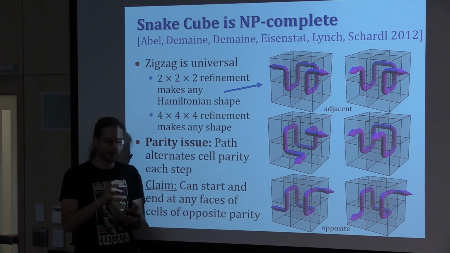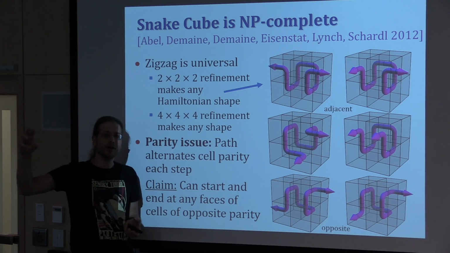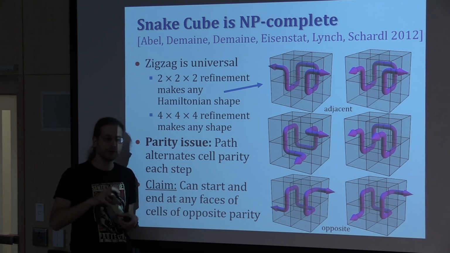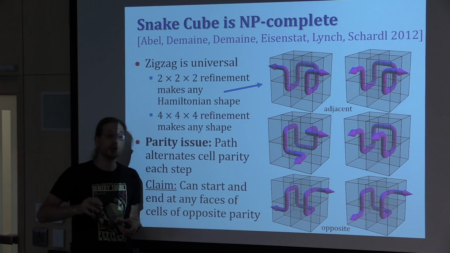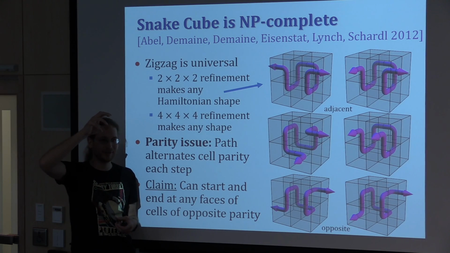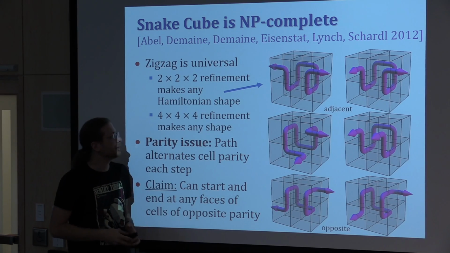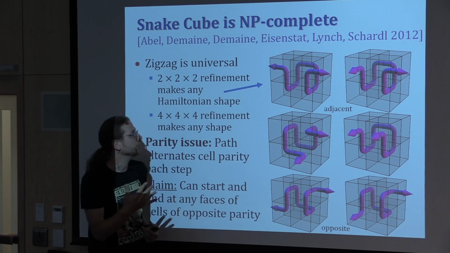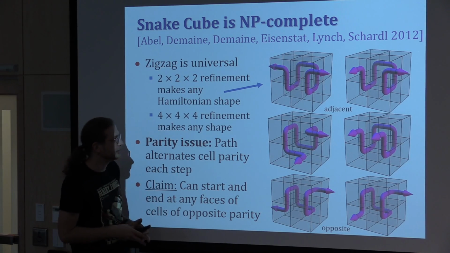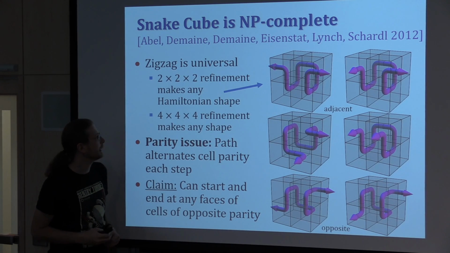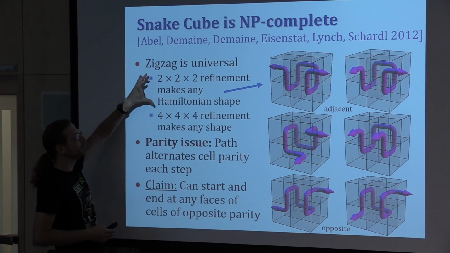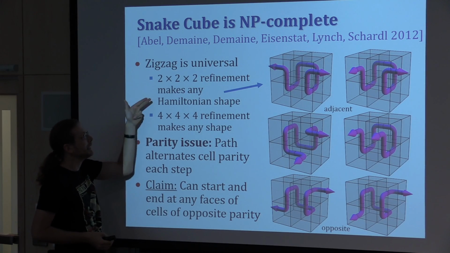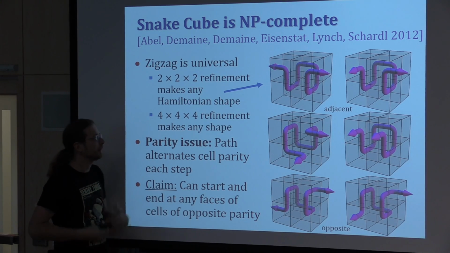What's true at that point is if you take any path of 2 by 2 by 2 cubes, this is what we would call a Hamiltonian shape, because there's one path that visits everything with no collisions. So it has to be a path that does not hit itself in 3D. Then you can follow these gadgets in order to make any turns you need to do, or you can go straight. Everything is possible. I will talk a little bit more about that in a moment. So 2 by 2 by 2 refinement, meaning scaling everything by a factor of 2, allows the zigzag to make any Hamiltonian shape, scaled by 2.